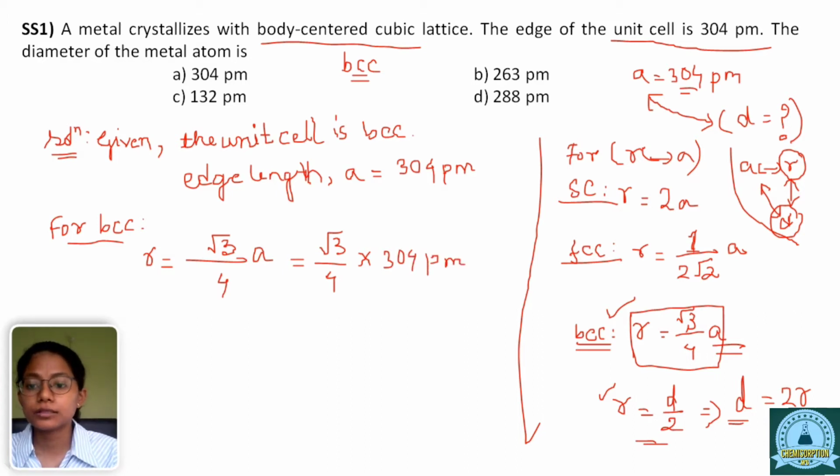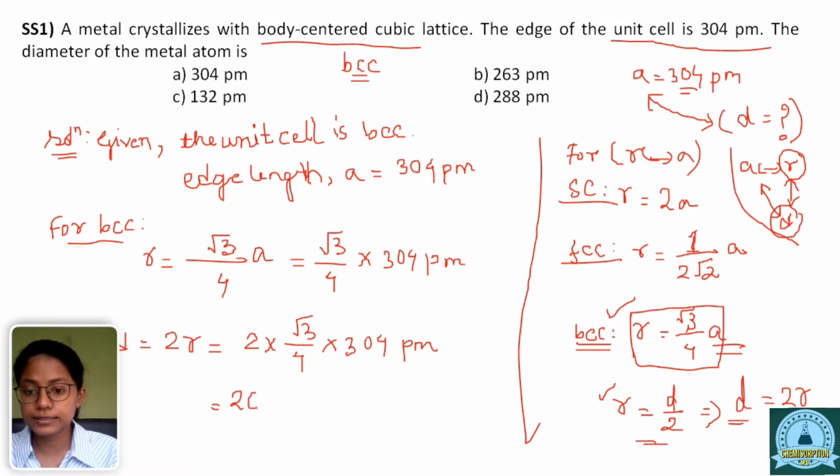Therefore, d is equal to twice r, which is equal to 2 into root 3 by 4 into 304 picometer. If you multiply these values, you will get 263 picometer. So the answer is B.